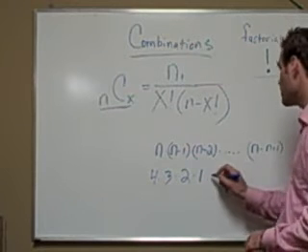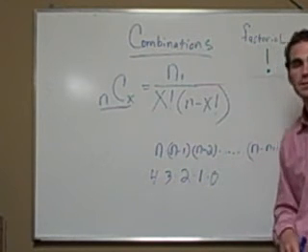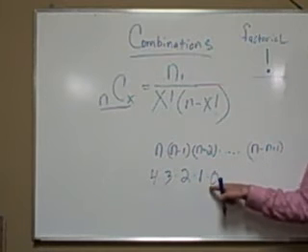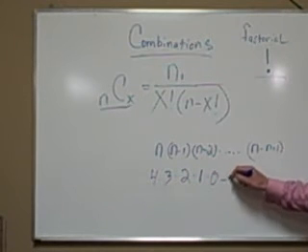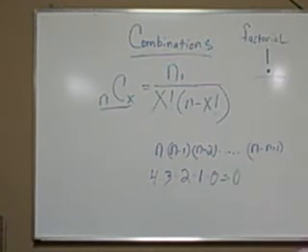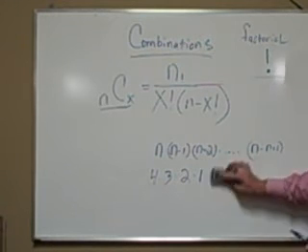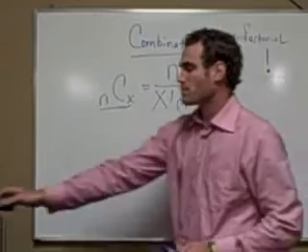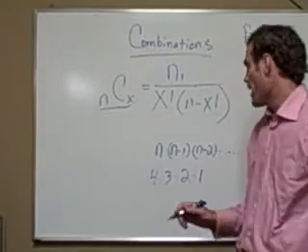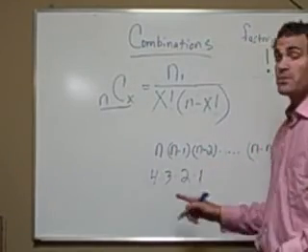We do not do 0. Why don't we add 0 in that list? Well, if we did all this times 0, what would that be? Of course, that would equal 0. So that's why we have this last one, n minus n plus 1, so that we don't multiply by a 0 there.